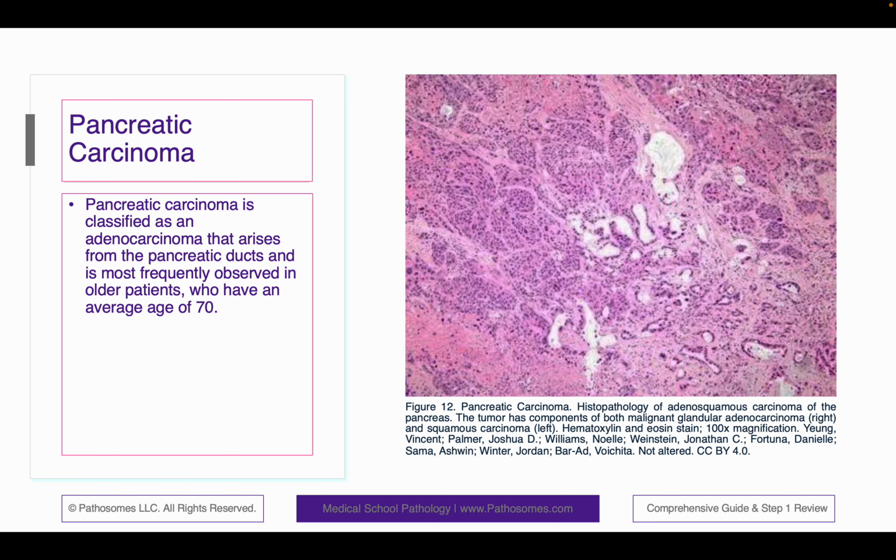Typically, clinical symptoms of pancreatic carcinoma show up later. And those symptoms include epigastric pain, weight loss, and even obstructive jaundice. The clinical signs of pancreatic carcinoma also include pancreatitis and the so-called Trousseau sign, which is migratory thrombophlebitis.